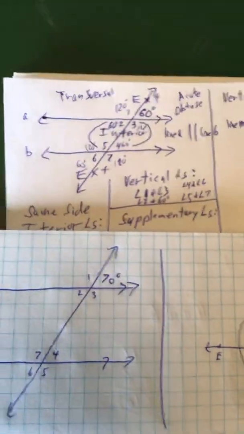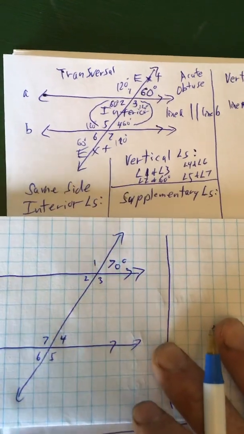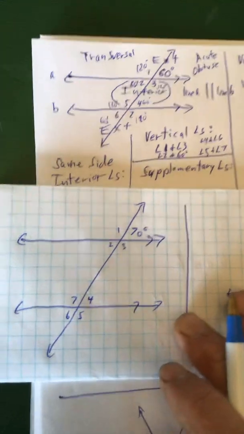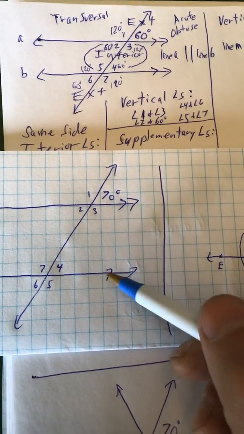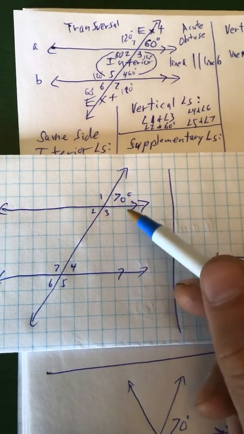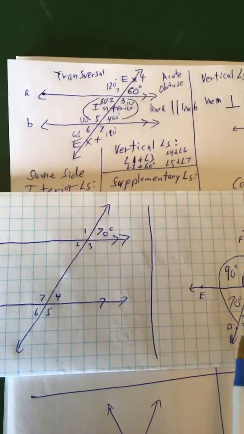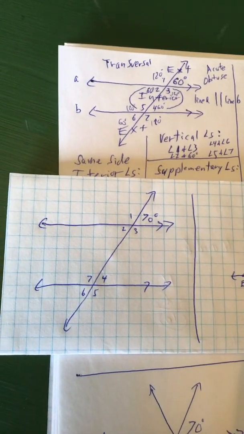Okay, so let's try this one. Again, here's your notes. Using the idea of complementary, supplementary, same side interior, vertical angles. These two lines are parallel because I gave you the extra set of arrows. And I'm calling this one 70 degrees, so can you find all the other angles? Hit pause and do it.